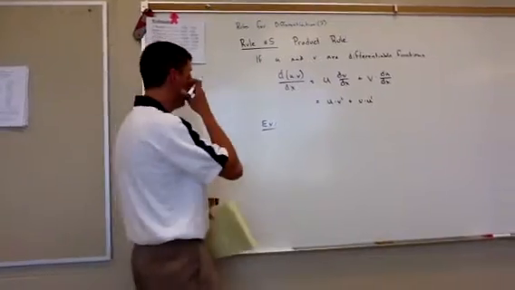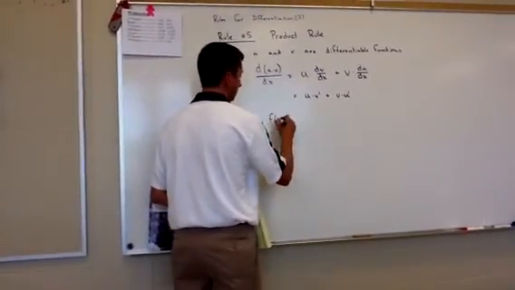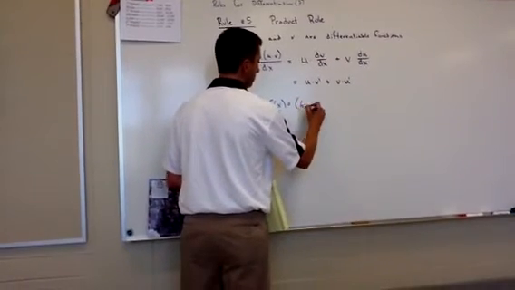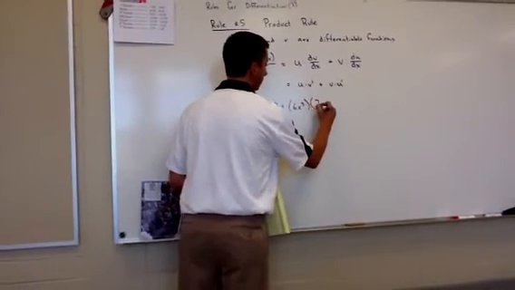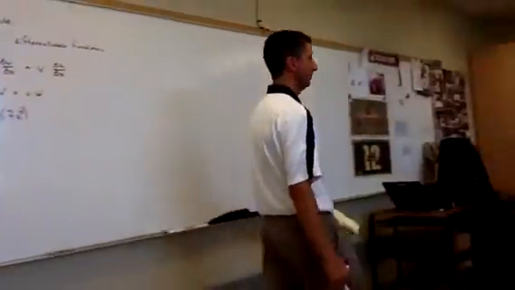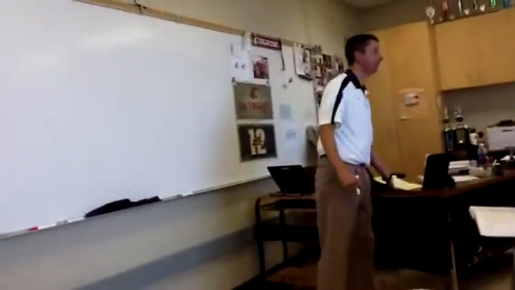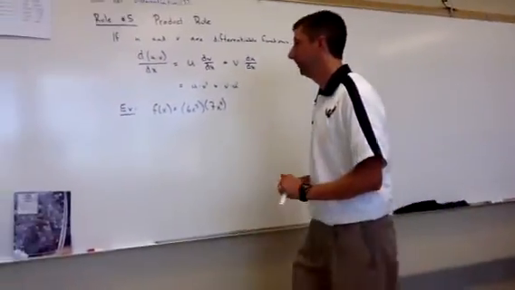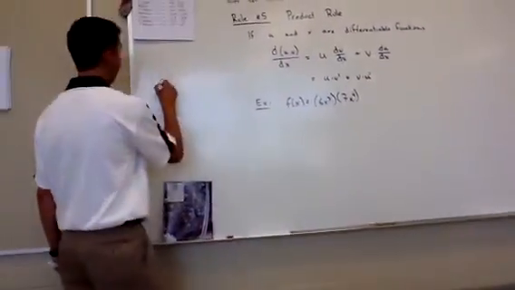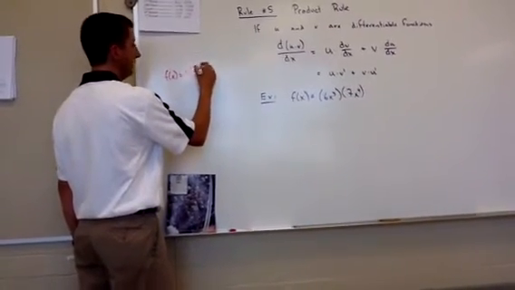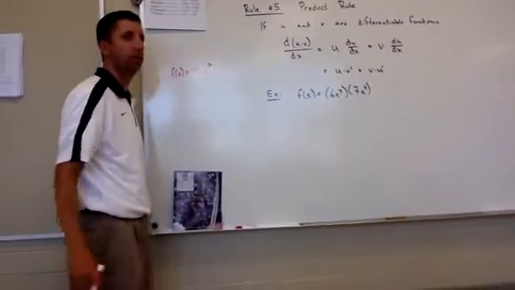But let's say we define f of x as 6x cubed times 7x to the 4. There's two functions, u and v. Now, just a side note, f of x is equal to 42 times x to the 7th, correct?